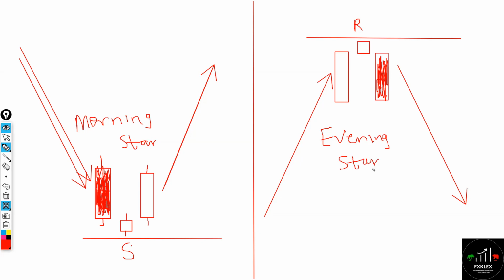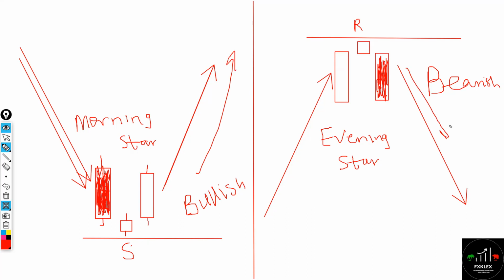Evening star. So this candle right here has a bearish implication, whereby these have a bullish indication. Is that clear? Bullish upward trend and then a bearish downward trend. So let's move to the next one.